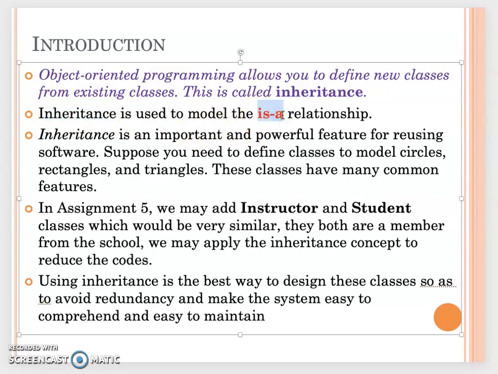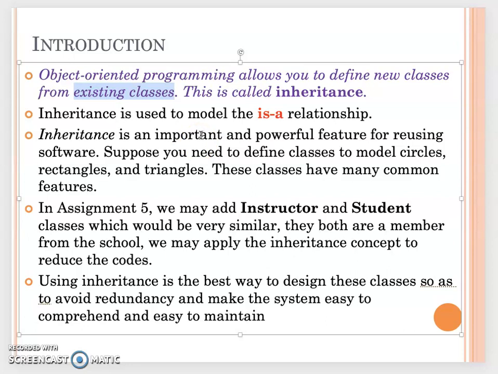What does that mean? That means the new class you try to define is one kind of the existing class. In other words, the new class is an existing class type.